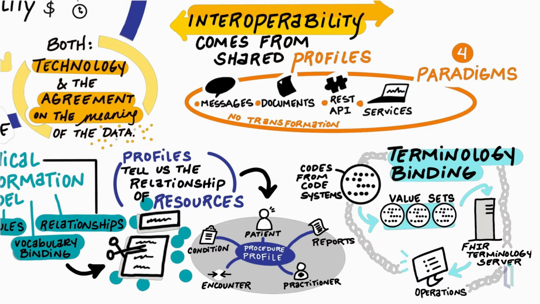And that means that we can share that server across different implementations, and they can all be referring to accessing the same value sets and terminology to make things more interoperable and more easily exchanged.